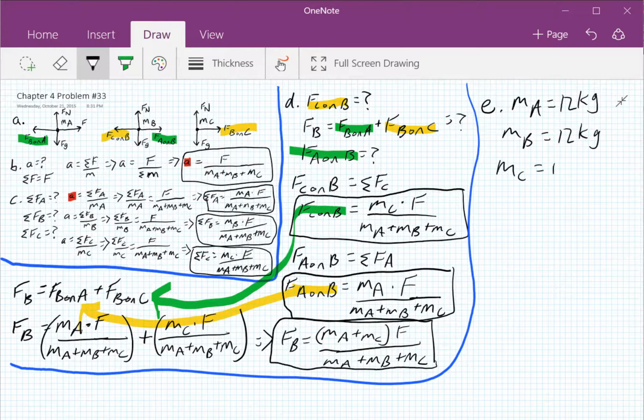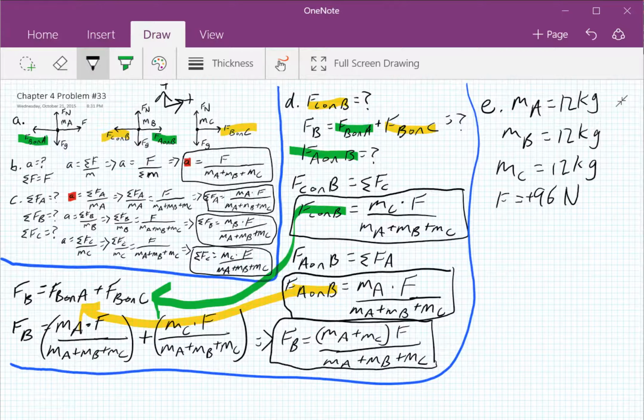M_C equals 12 kilograms. And the force equals 96 newtons in the positive direction. I'm saying to the right is positive and up is positive, although up doesn't matter in this case.